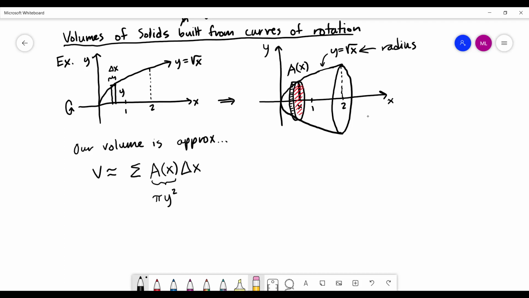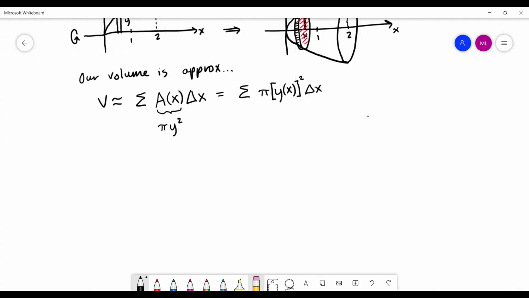And after we apply our integrals and all that good stuff, this is really equal to pi times our y of x term squared times our delta x. That's what we're looking at when this is all said and done. So we apply our limit as n goes to infinity and turn this exact, and we get the following.